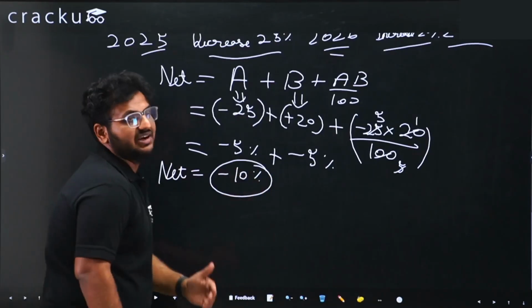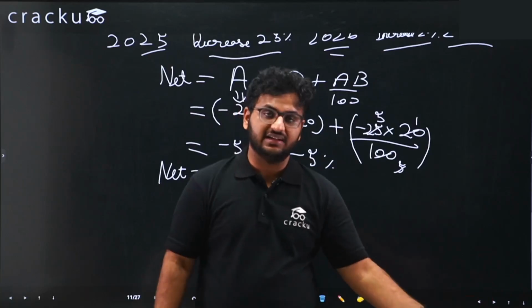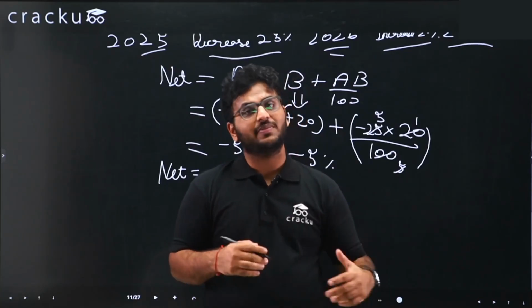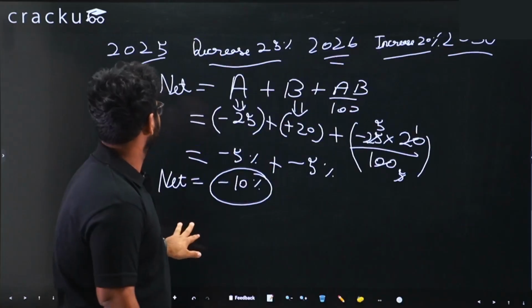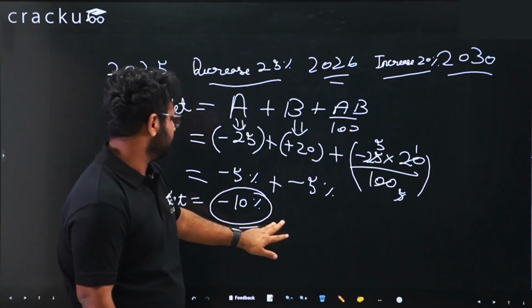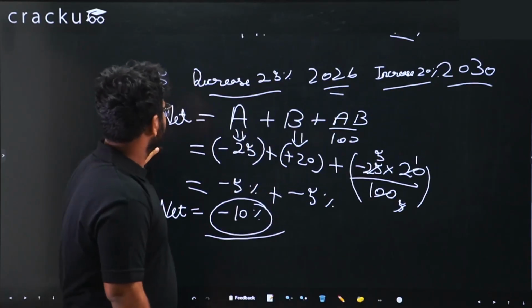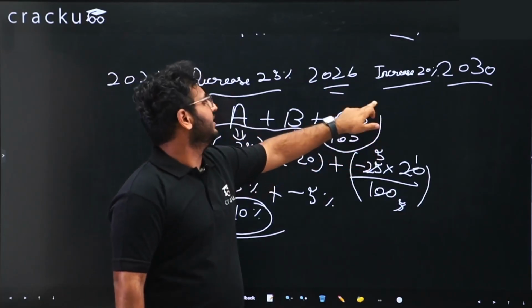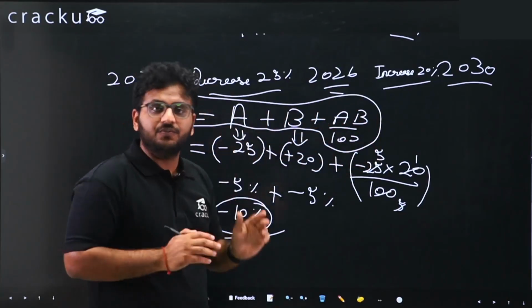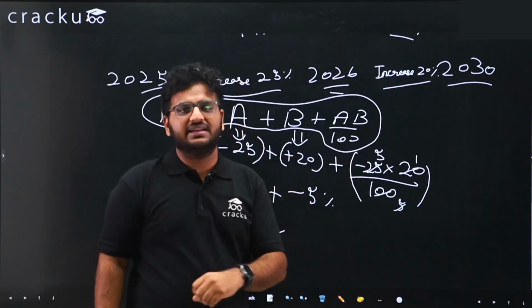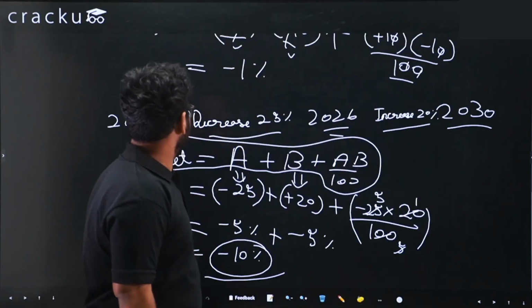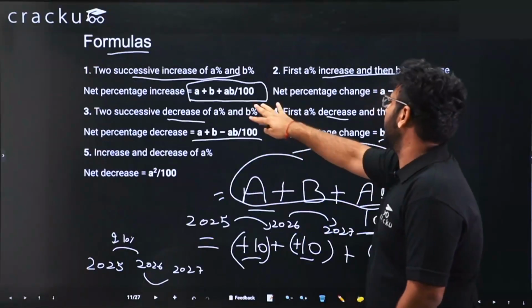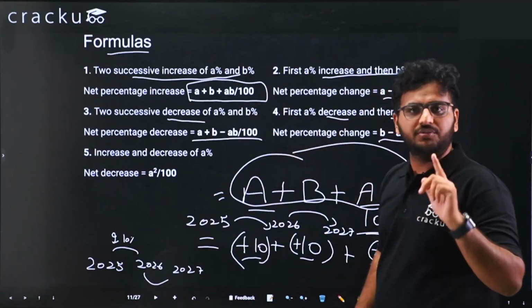So from 2025 to 2030, my car's value depreciated, or decreased, by 10%. So just remember this formula: A plus B plus AB by 100, and if it's decreased then use minus, increase then use plus. We don't need to learn all these formulas. Just remember the formula which I told.